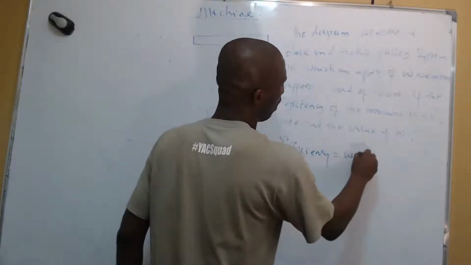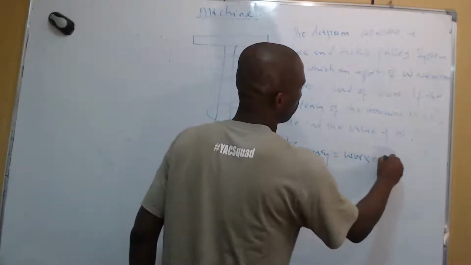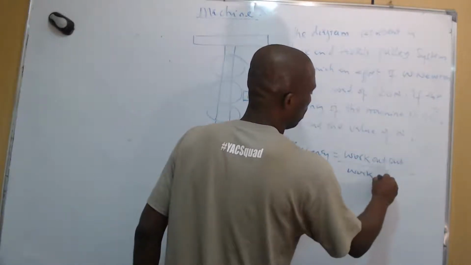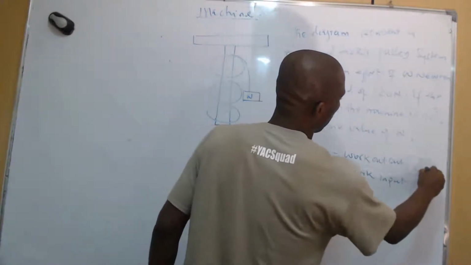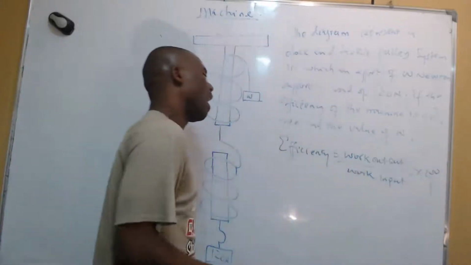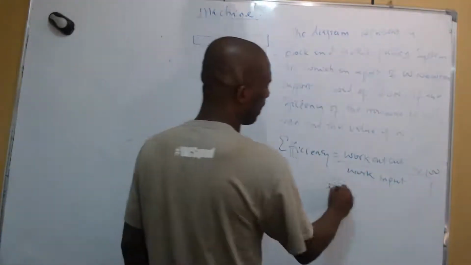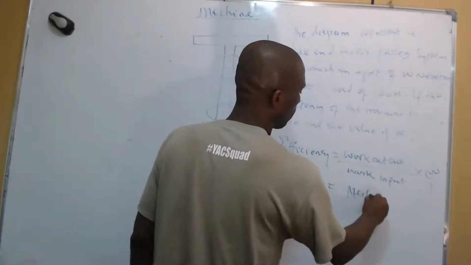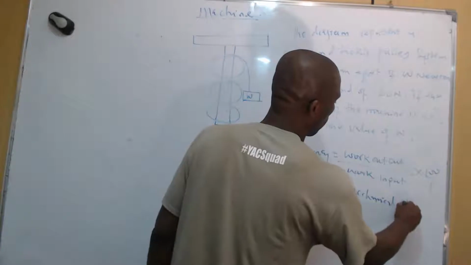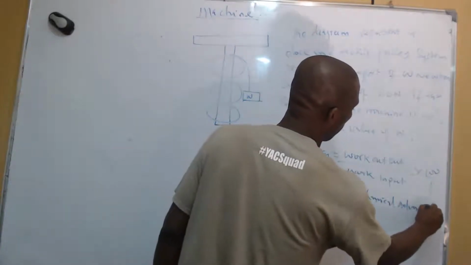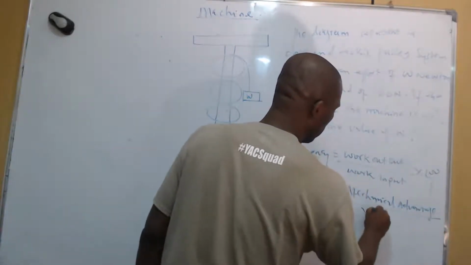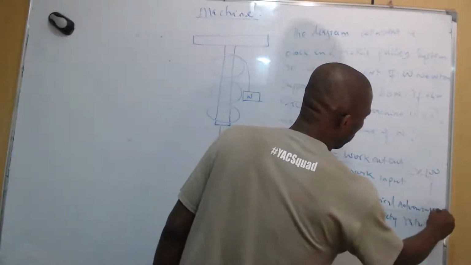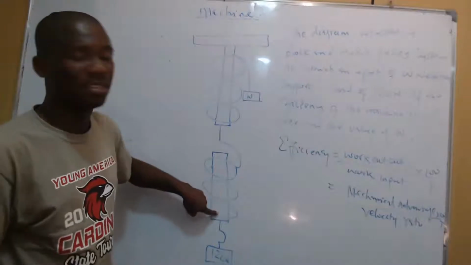Efficiency is equal to work output over work input times 100 over 1. And then we could say that efficiency is mechanical advantage all over velocity ratio times 100 over 1.